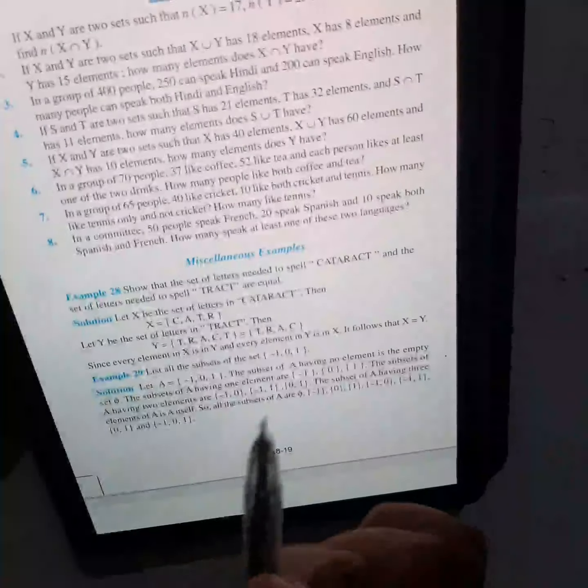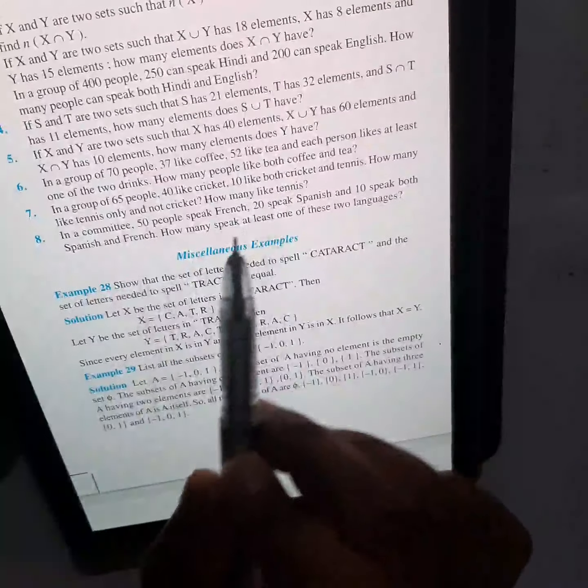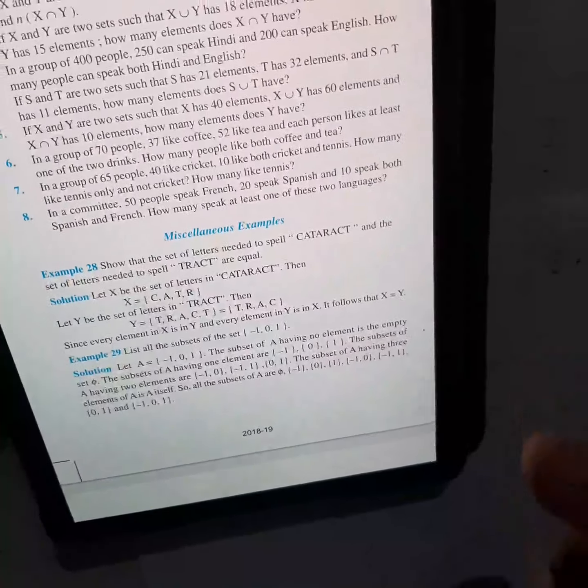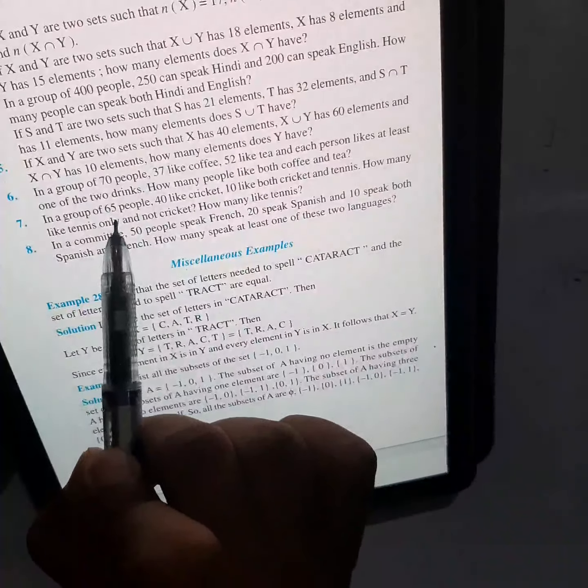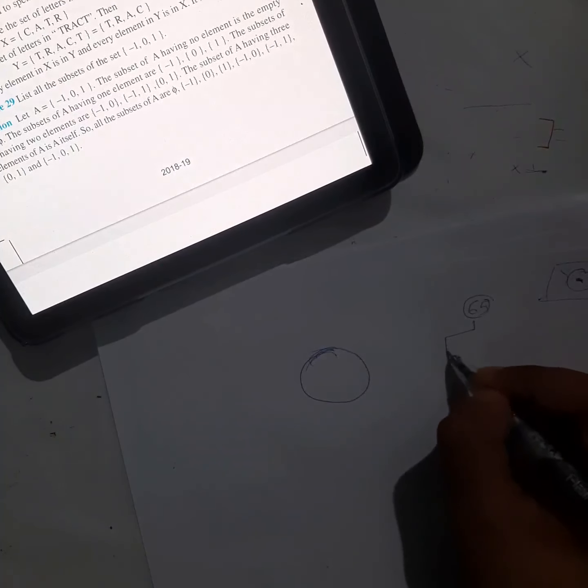Okay, so I know that some students are not understanding what I'm saying right now. You will understand when I do some miscellaneous questions where this will become universal and union will be something else. This is union right now. Anyway, just try to understand that 65 people are there, out of which they have given 40 like cricket.